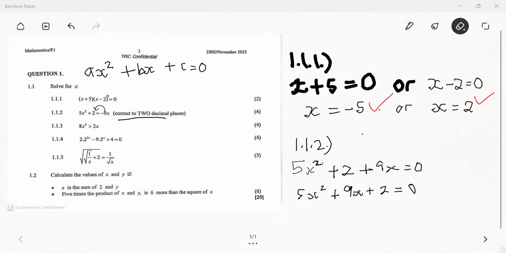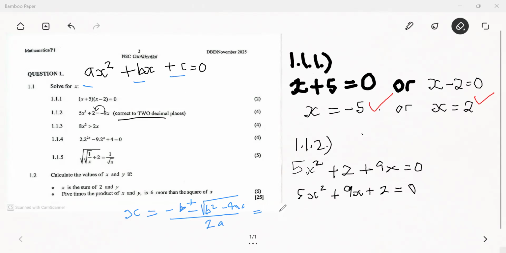So then you will need to employ the quadratic formula, which is x = (-b ± √(b² - 4ac)) / 2a. Okay? The a value is 5, the b value is positive 9, the c value is positive 2. It's according to this form.